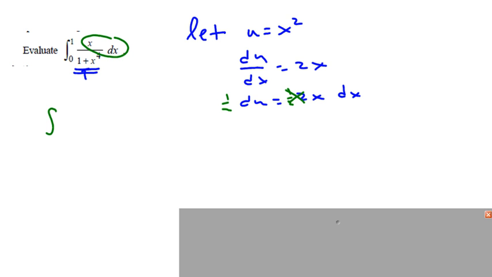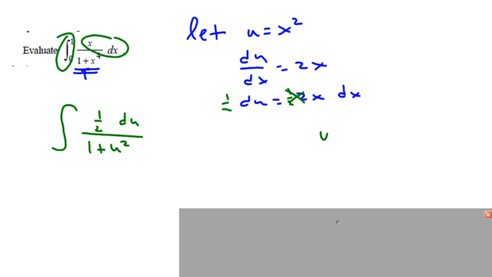So we could rewrite this as 0 to 1. Well, let's actually do this really properly. So we're going to go 1/2 du over 1 plus u squared. And we're going to change these limits in terms of u.